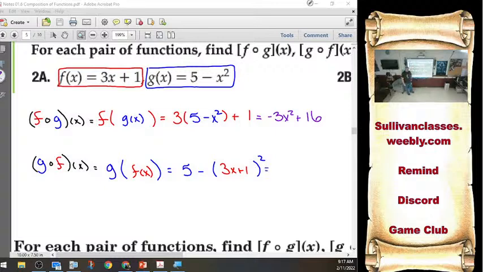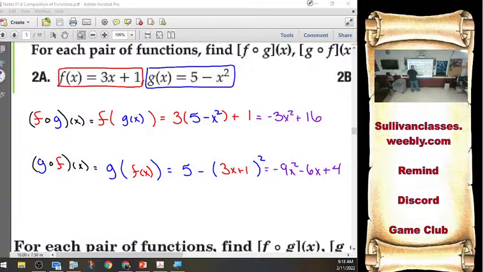Watch your signs. You'll have a negative 9x squared, 3, 6, negative 6x, plus 1, minus 1, 5, plus 4. Okay, so square it, but not like a freshman. And watch your signs. Another thing, see how you got a squared locked on there?